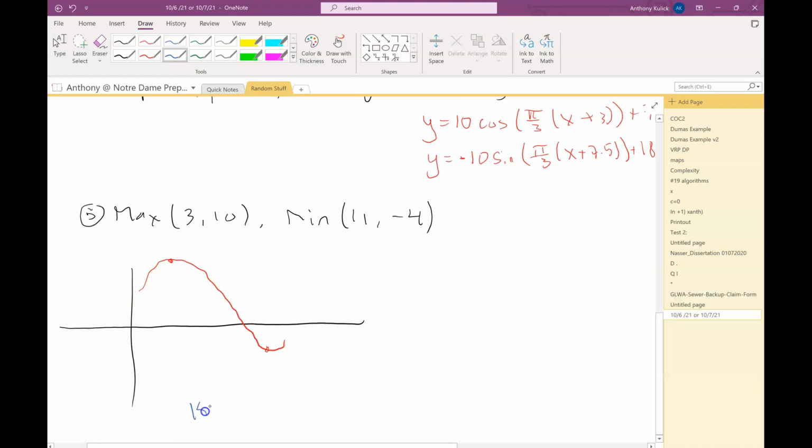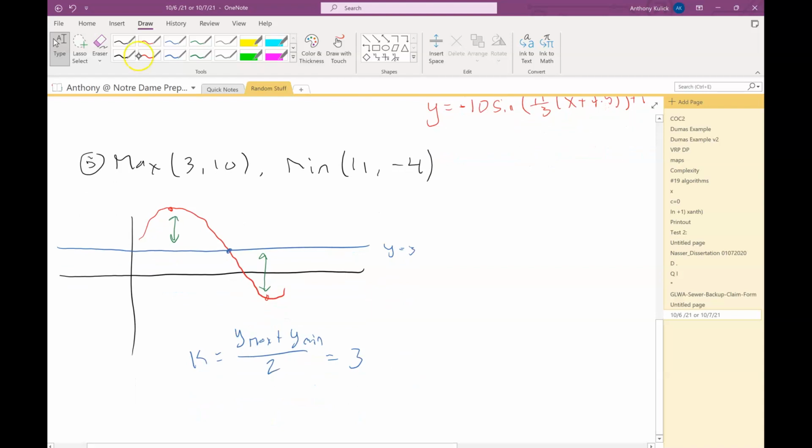So my k is going to be like the y max plus the y min divided by 2. So in that case, 10 plus negative 4 is 6, divided by 2 is 3, which comes through like this. The amplitude is going to be the distance from your min or max to that midline, or you can think about it as half the difference between these.